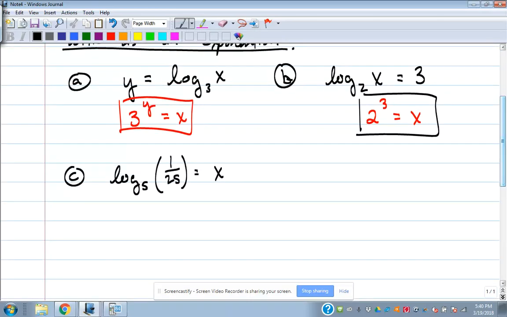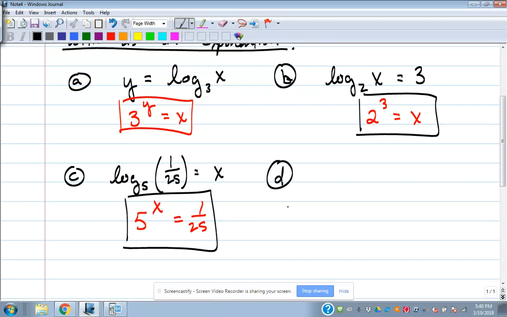What's the base? 5. What's the exponent? What's it equal to? What's the log equal to? x. Whatever it's equal to is the exponent. Okay? We're not working anything here. We're just rewriting is all we're doing. We'll get to the working part of it probably next week.